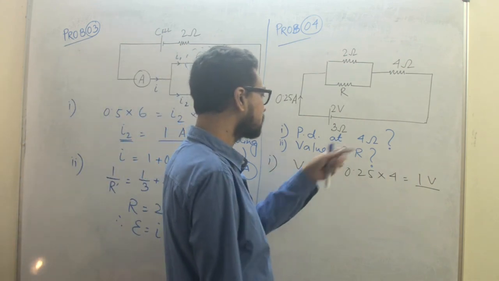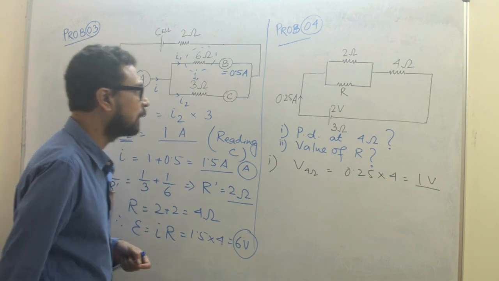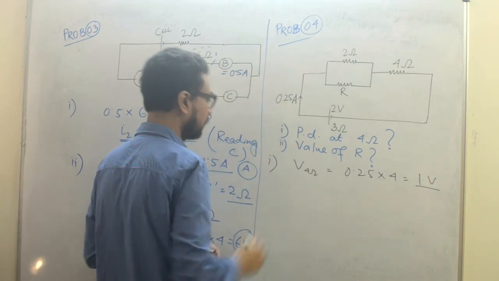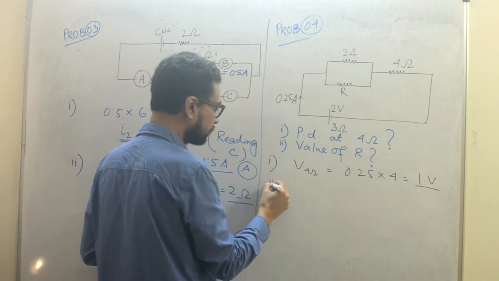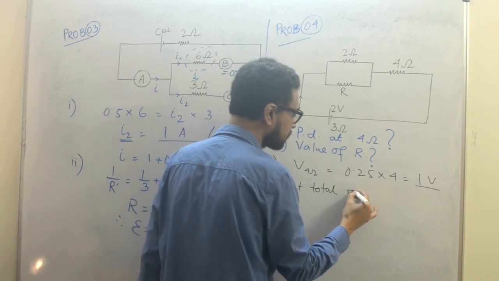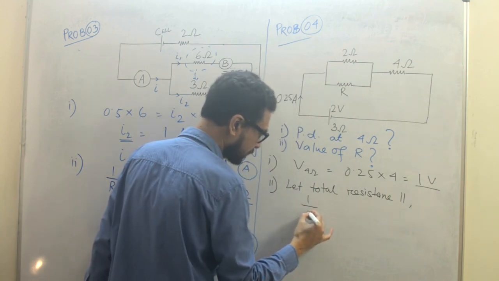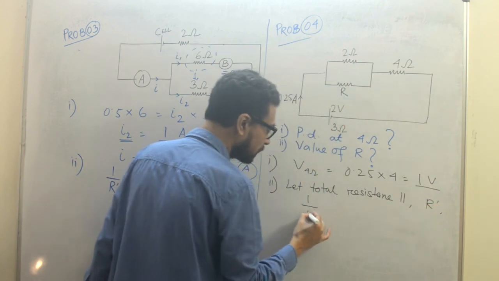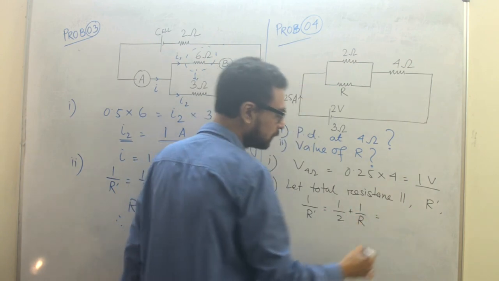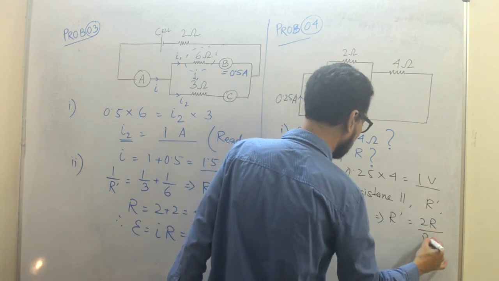Now they have asked the value of R. Here we have a lot of things to understand. The first thing is, you see, 0.25 ampere is the main current. Okay, good. So if I assume the total resistance of the parallel part is R dash, then what is R dash? 1 by R dash is 1 by 2 plus 1 by R, and you can say that R dash is equal to 2R by R plus 2.